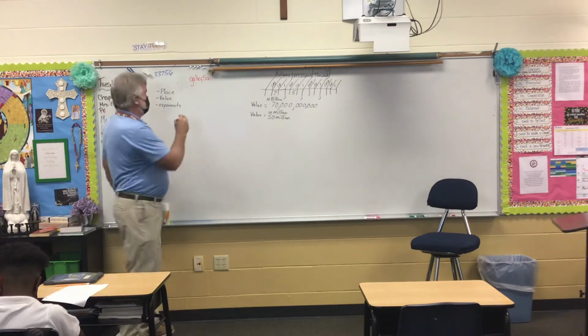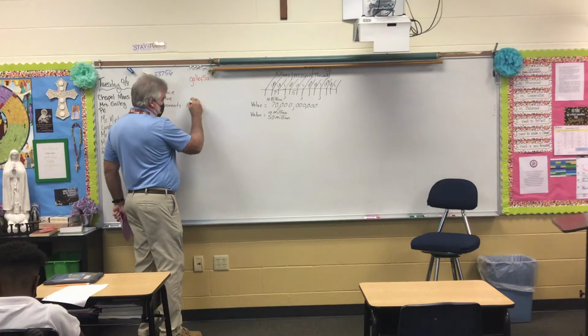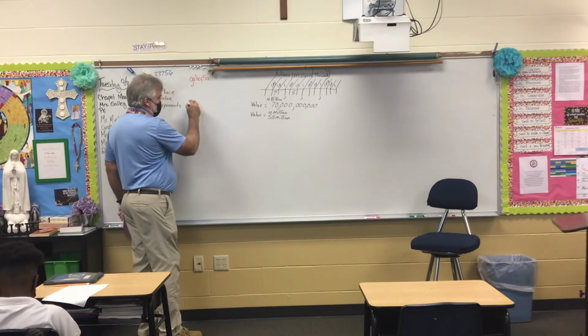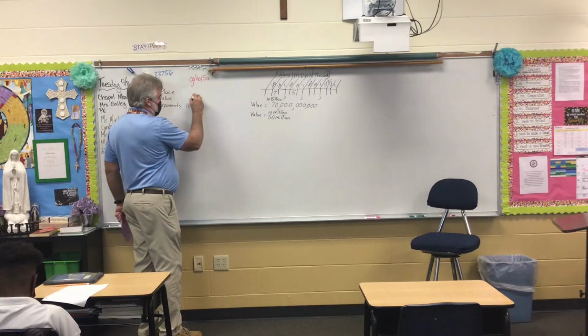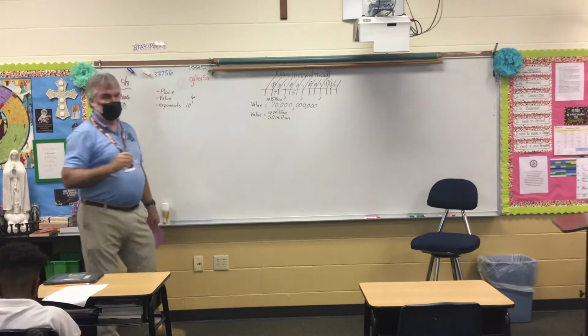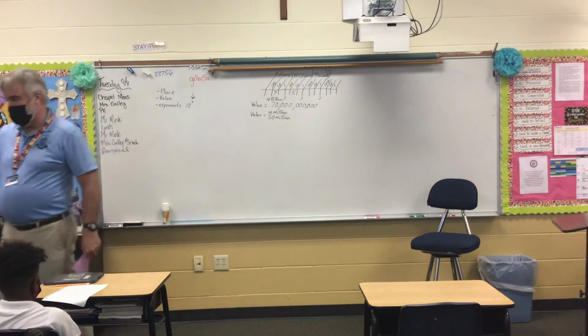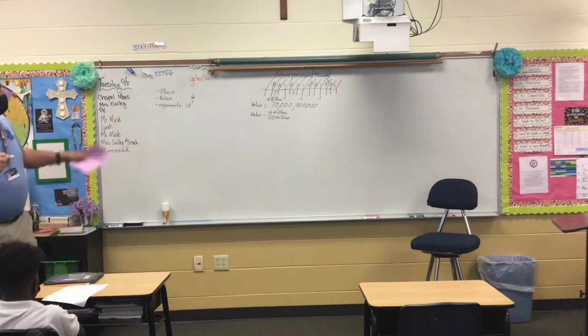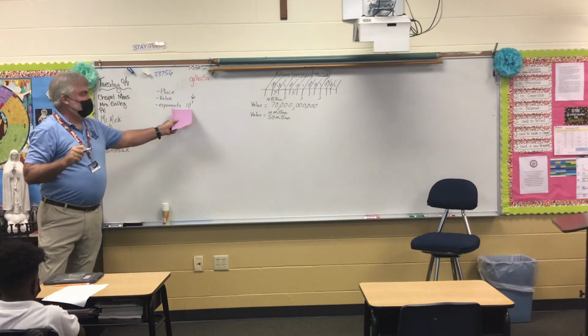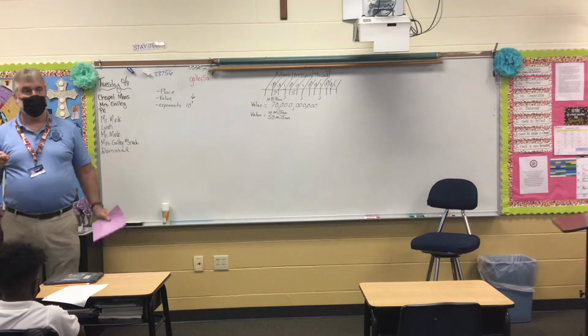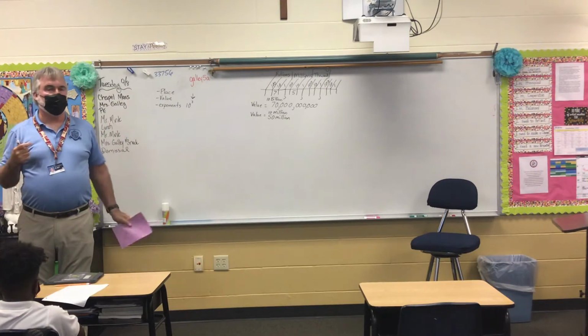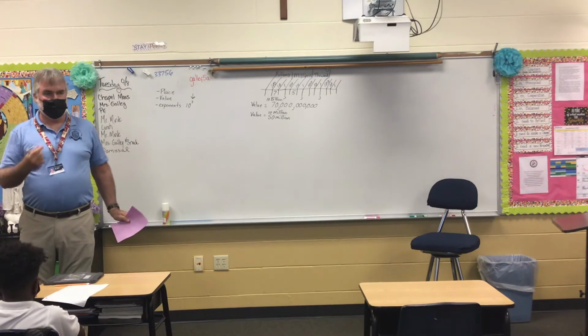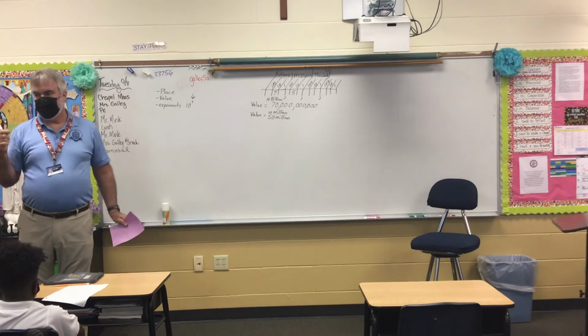Next, they had the exponents. The exponent was that number up here, that little number up top that's floating up there. This is read as 10 to the third. That 3 tells you that there is what? There's 3 tens.